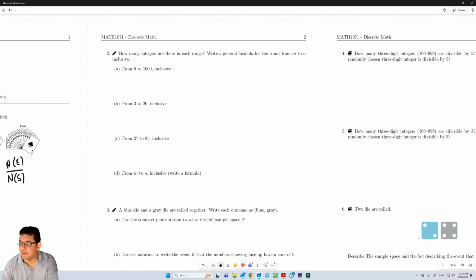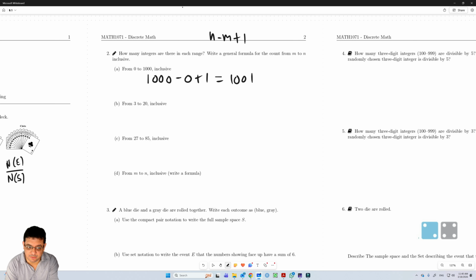So now this is about integers in a particular range. Remember we have a formula that we use for that, which is n minus m plus 1. So from 0 to 1,000 inclusive, that'll be 1,000 minus 0 plus 1, and so that'll be 1,001 integers.